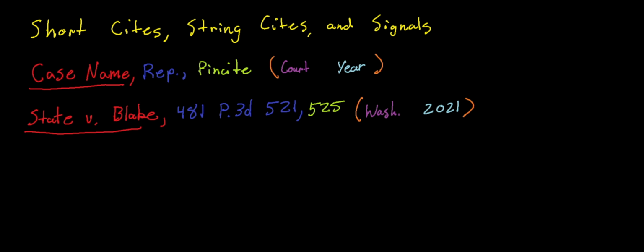So to do a short cite, in your legal writing, after you have done the full cite for a case, subsequent citations to that same case should be in a shortened form. There are two types of shortened forms, and we're going to talk about both of them.